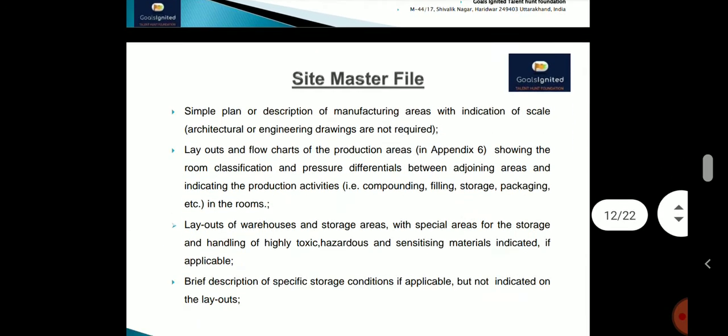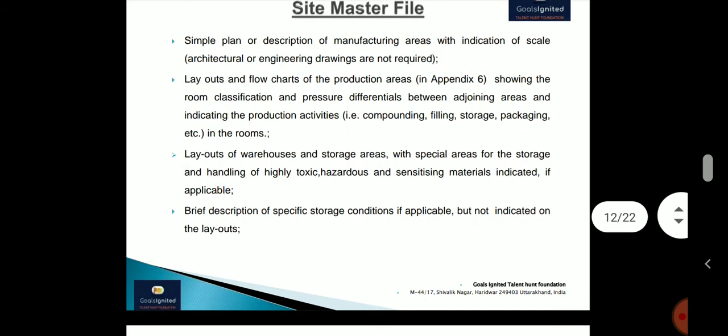Then we come to the simple plan about the description, manufacturing areas, indication, scale, or the architectural or engineering drawings that are required. Sometimes it is required because you have a limitation on the number of pages. A site master file should not exceed more than 30 pages, plus we can have around 6 to 7 annexures: organization chart, list of accreditation approvals, schematic drawings and so on.